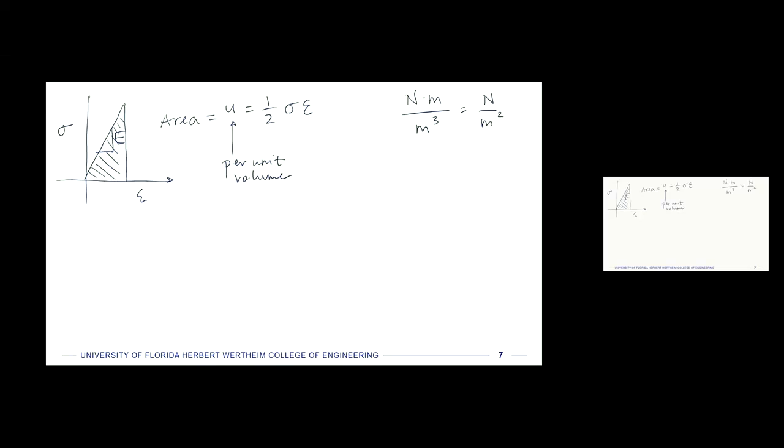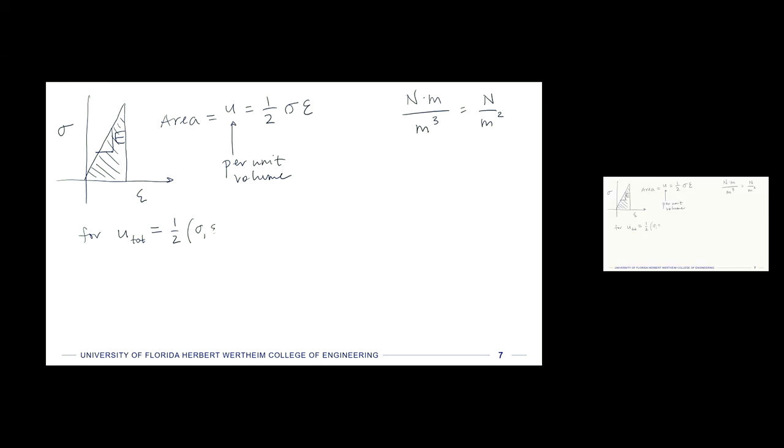It comes out as a pressure unit, but what it really is, is a strain energy per unit volume. So for our stress cube, the total strain energy would be 1/2 of this triangle in all 3 dimensions.